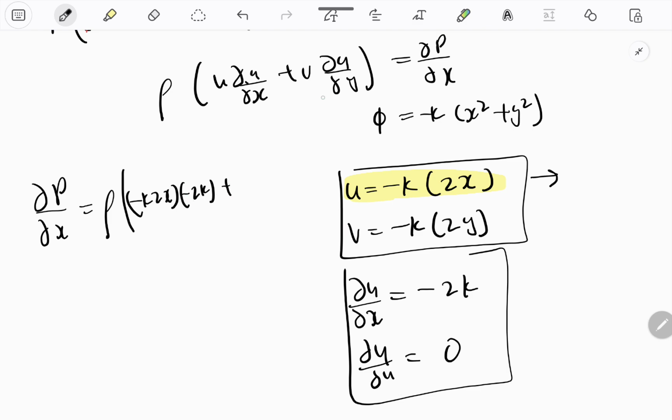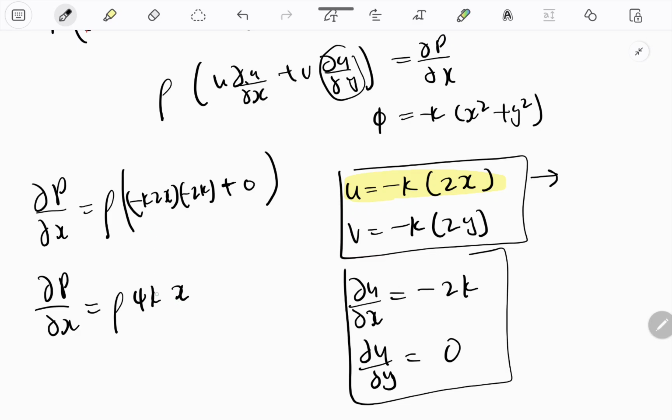We're not really interested in what v is because we're multiplying by this, and we already know this is 0, so we can just add 0 here. I don't have to do all of that math. So this is going to equal that. I think here we'll end up having 4kx.